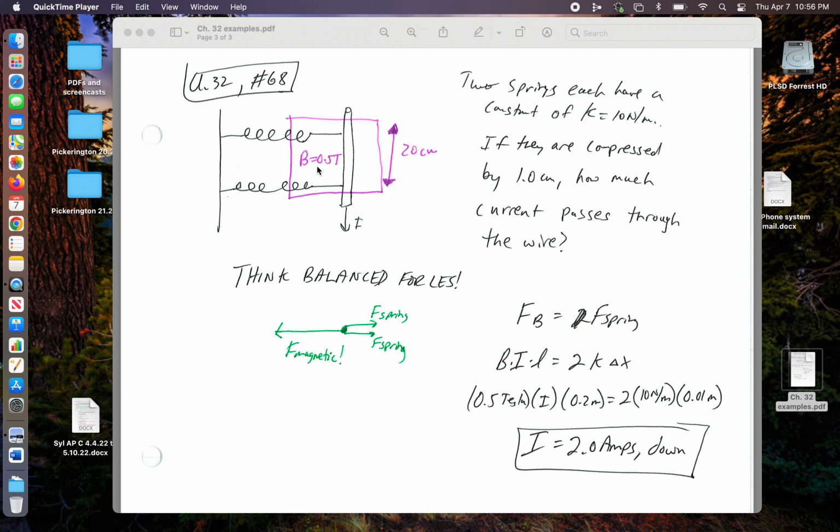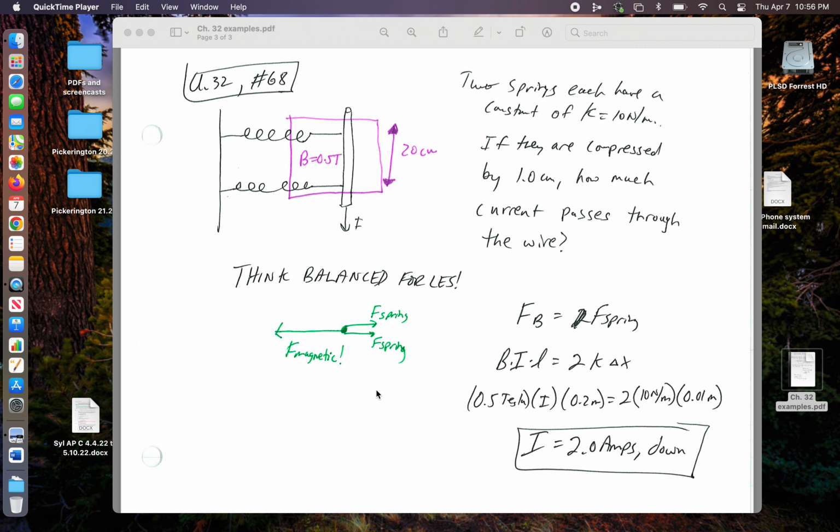Essentially, if the current is going down like that, and you know this magnitude of magnetic field, you're trying to figure out the amount of that current. These springs compress by 1 centimeter. They each have a spring constant of 10 newtons per meter.